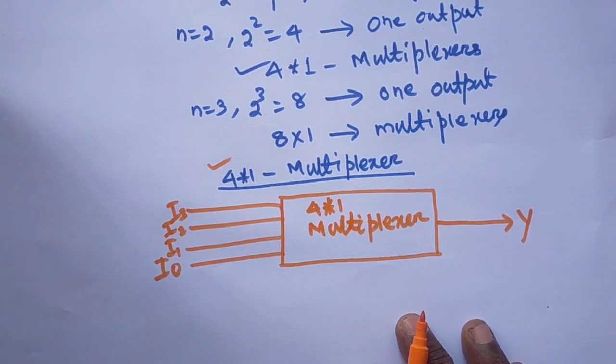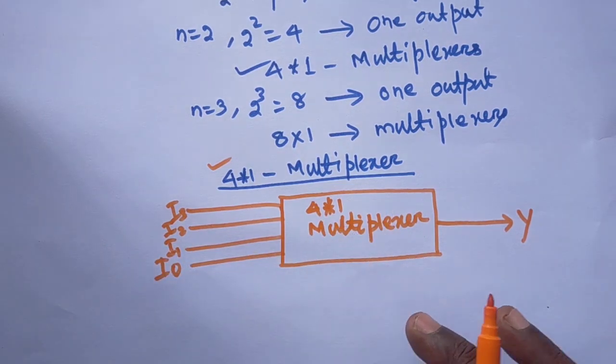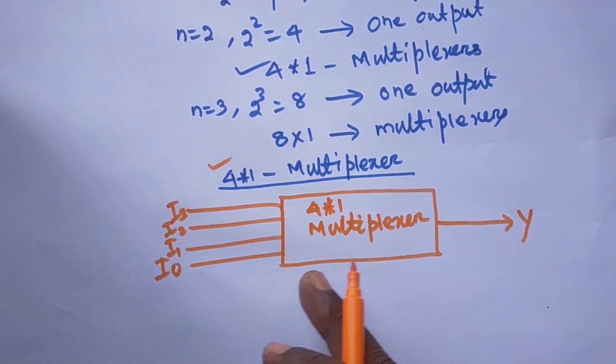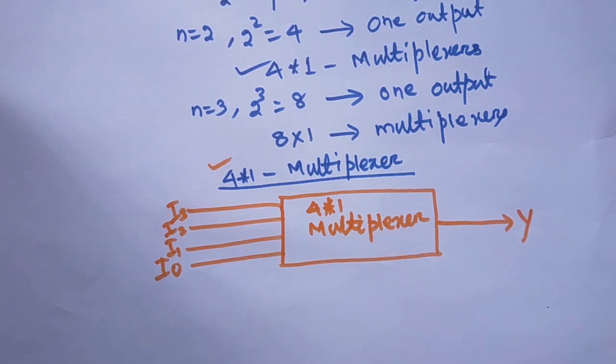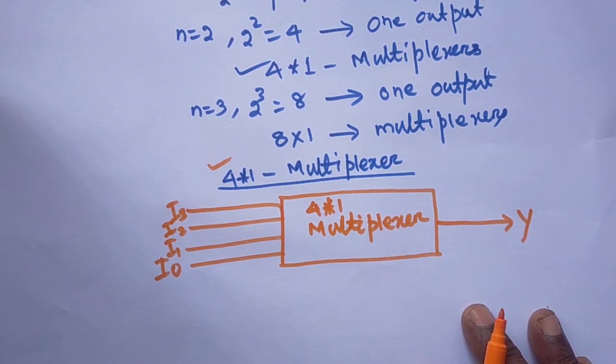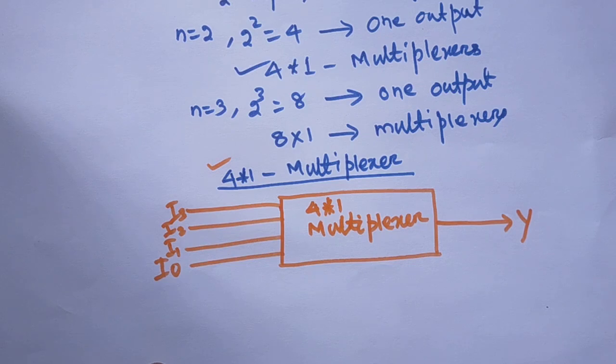But which data will be received and considered as output, we don't know. So to avoid such difficulties, we consider some selection operation. That selector decides which input is considered as output.